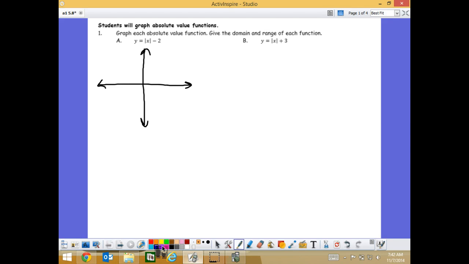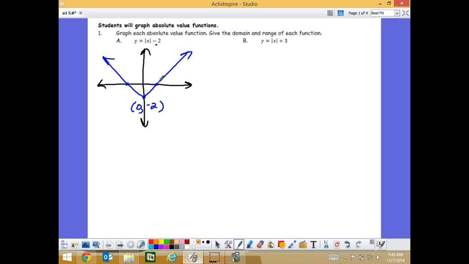So it's going to take that parent function, absolute value of x, where that vertex, or the point on the V, was at 0, 0, and it's going to move it straight down 2 units. So that becomes the point 0, -2. And that's what that looks like.